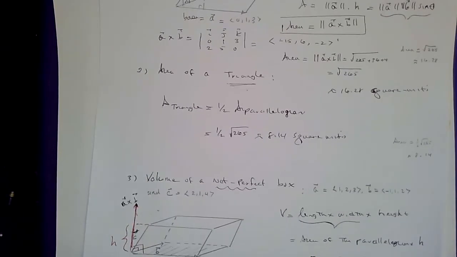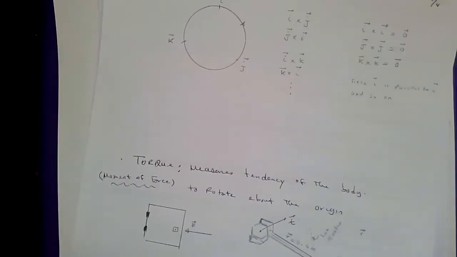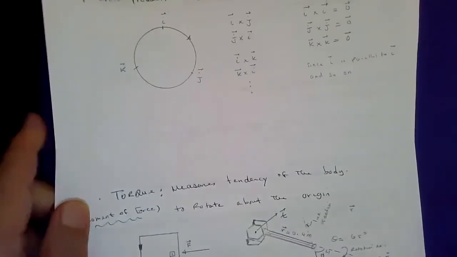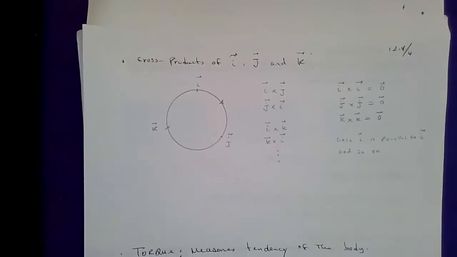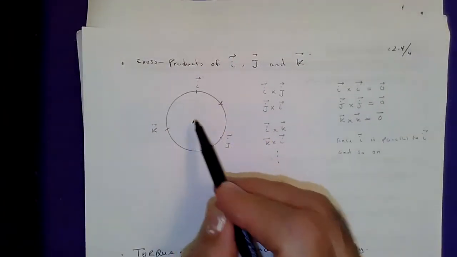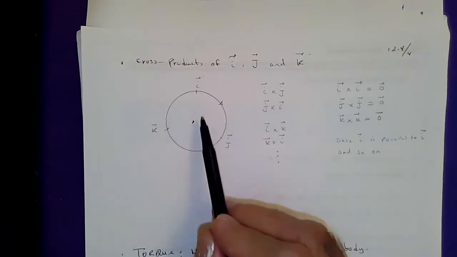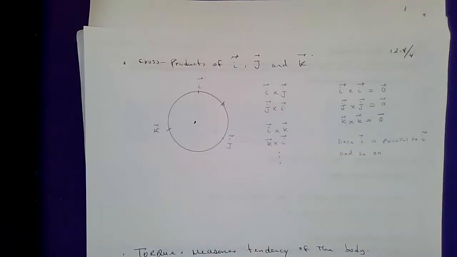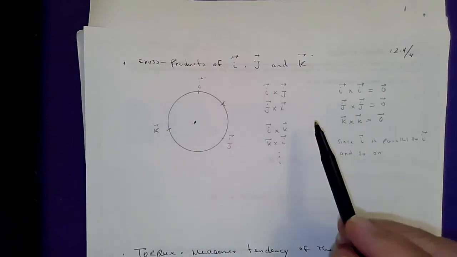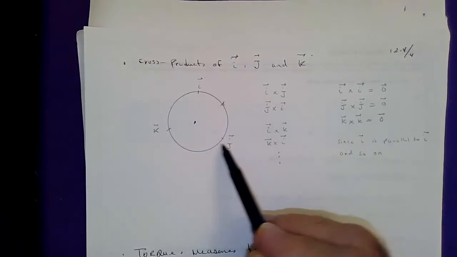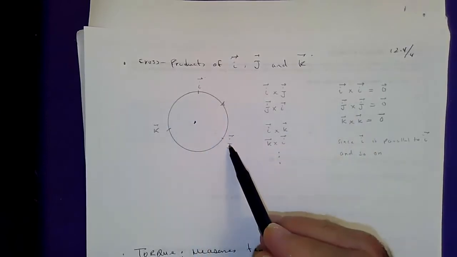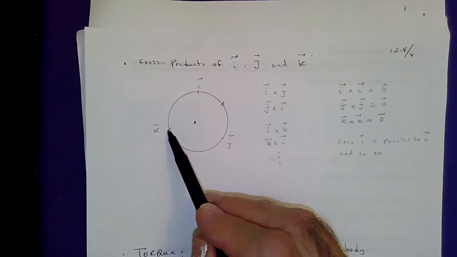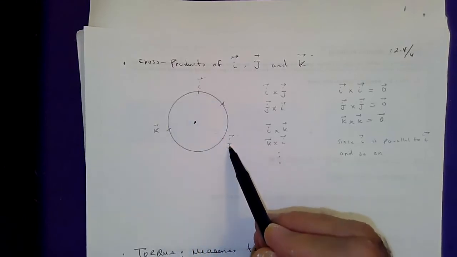Next item is this guy. What would be the cross product of the standard unit vectors i, j, k? Make a 3-hour clock, and it goes clockwise, like so. I cross j gives you k, j cross k gives you i, k cross i gives you j.